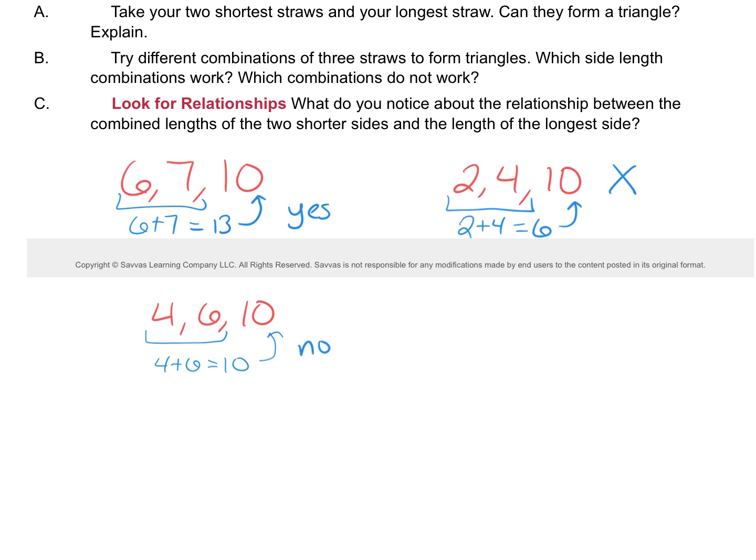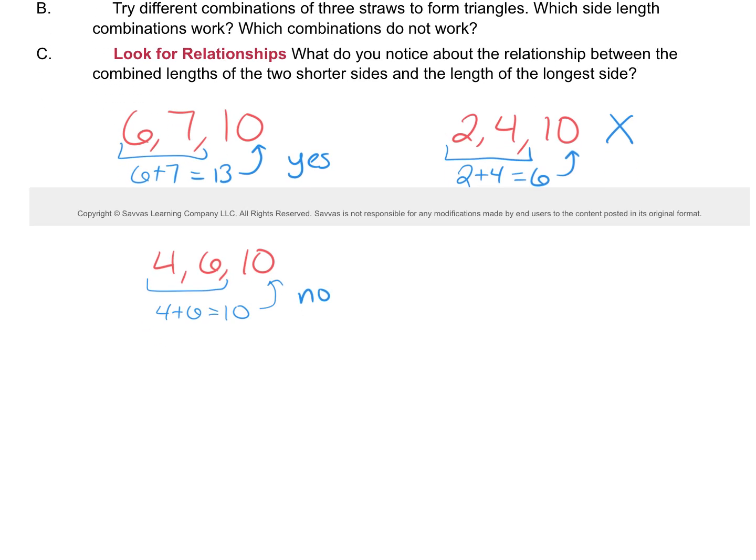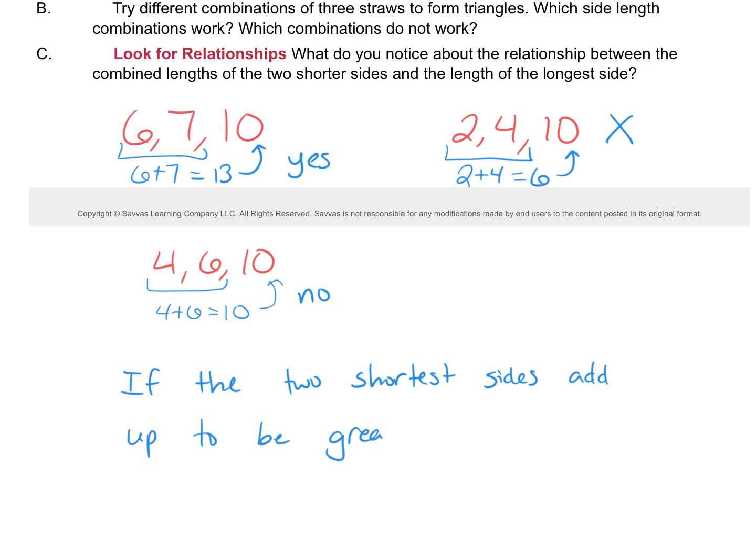Okay, so everyone write this down. To know if a triangle is created, if the 2 shortest sides add up to be greater than the longest side, then it is a triangle, or it can make a triangle.